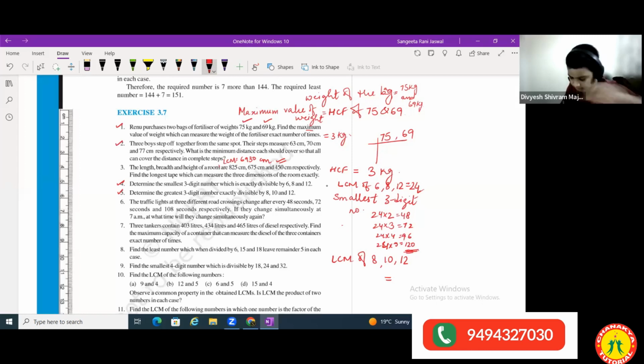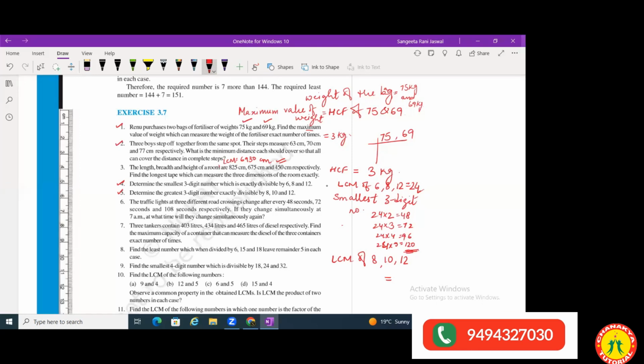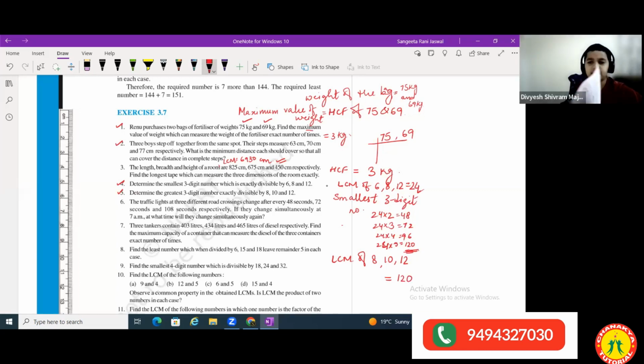I'm still finding. Mine again got 120 as the LCM. 120 is the LCM. Okay, everyone got the same? Yes, ma'am. I also got 120 as the LCM.